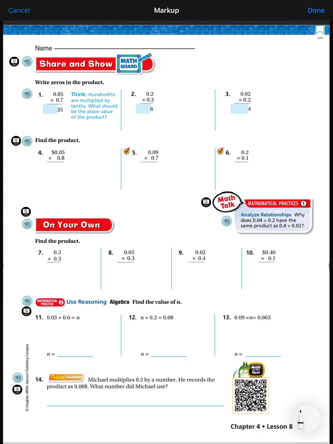Let's see. I want to look at number 5 first, and we're going to kind of skip around on this page. So number 5 is a great problem because we can see already that we have to move our decimal point quite a few times here. One thing I want to tell you is they stack your problem for you. So they have 0.09 multiplied by 0.7.